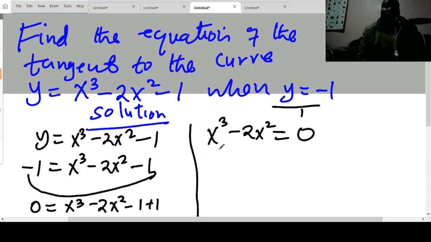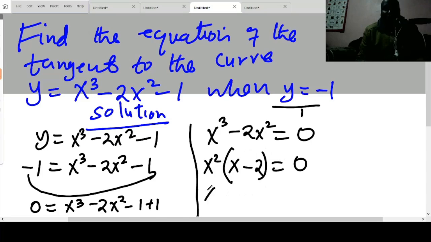Now we want the value of x. Ukiangalia x cube na x square, the common factor is x square kwa sababu x square iko ndani ya x cube. So the common factor is x square into, kwa x square imebaki x moja minus 2. X square ndio hii, so inamaliza is equal to 0.